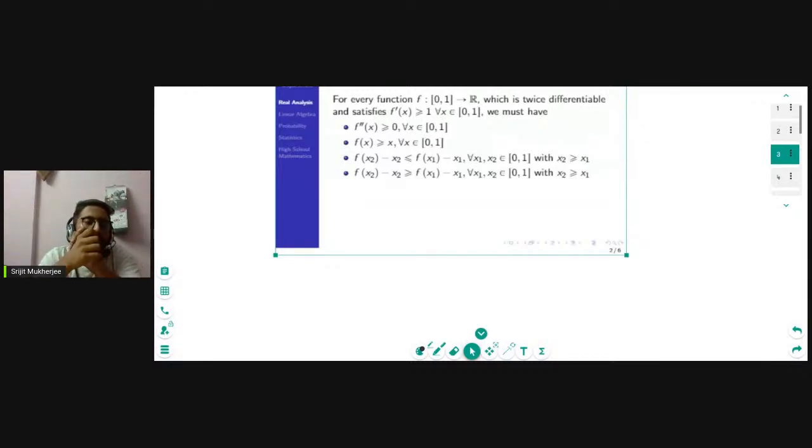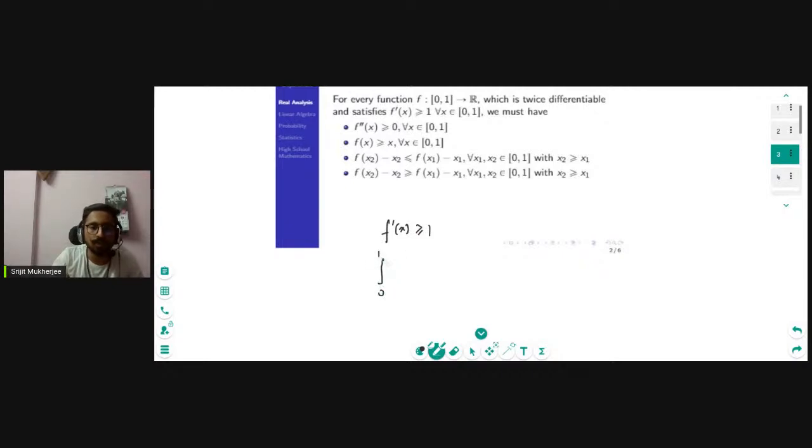So f dash x greater than or equal to 1. What does it mean? You can always apply this idea: if f dash x is greater than or equal to 1, you can integrate on the right hand side too.